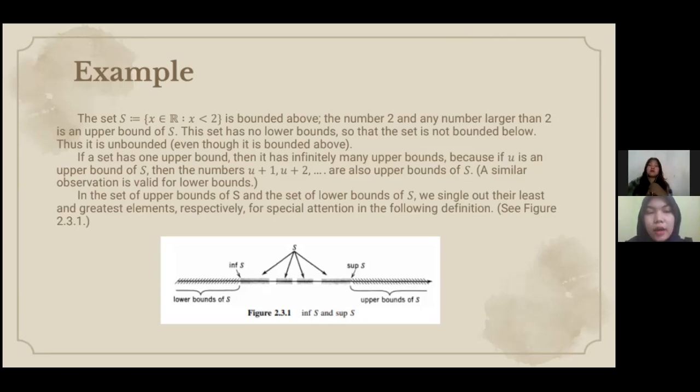In the set of upper bounds of S and the set of lower bounds of S, we single out their least and greatest element, respectively, for special attention in the following definition, like in Figure 2.3.1.